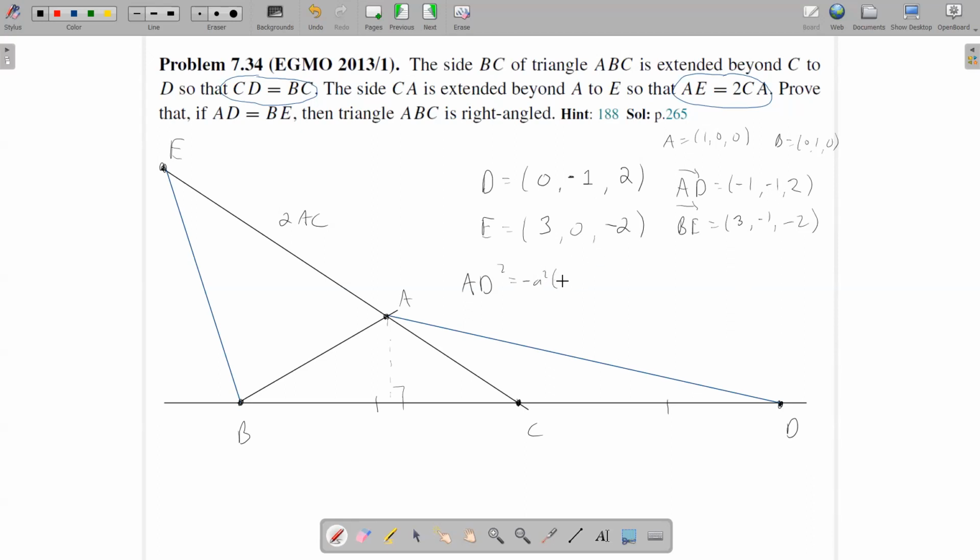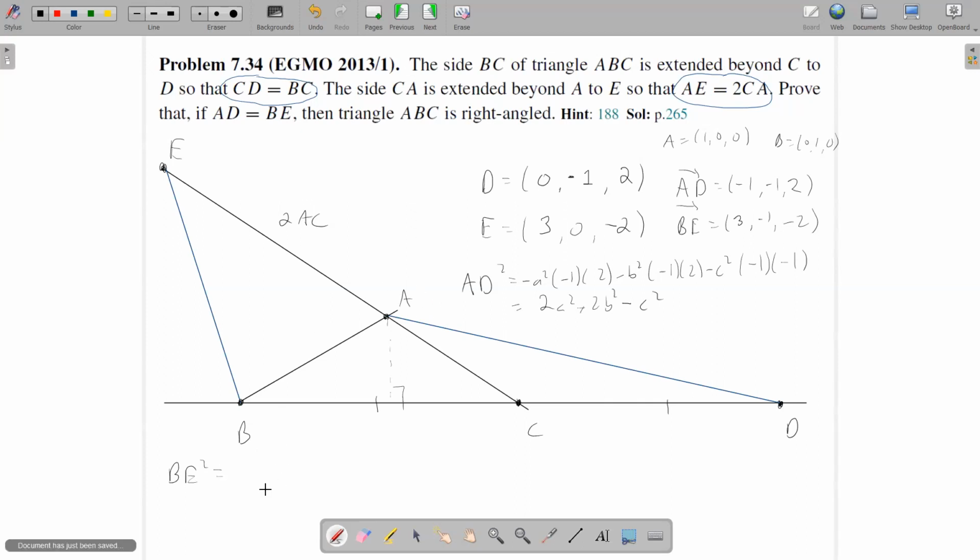So AD squared will equal negative A squared times negative 1, negative 2, minus B squared times negative 1, 2, minus C squared, negative 1, negative 1. That is 2A squared plus 2B squared minus C squared.